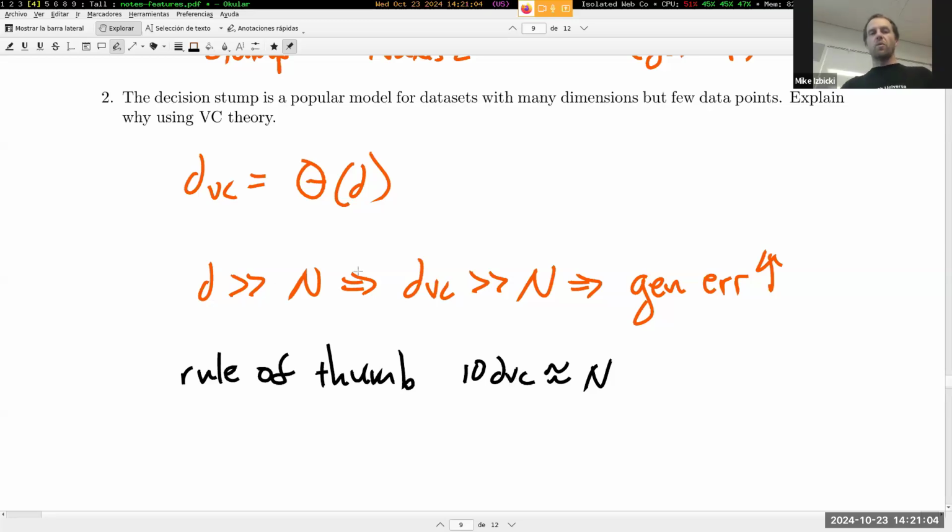And so if we have way more dimensions than data points, then we need to reduce them somehow, and the decision stump is just one way of reducing them somehow.